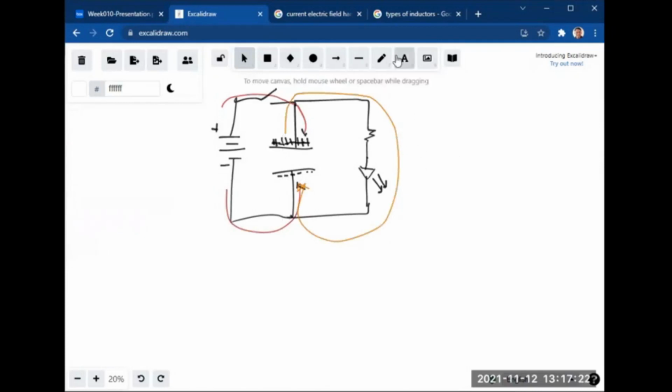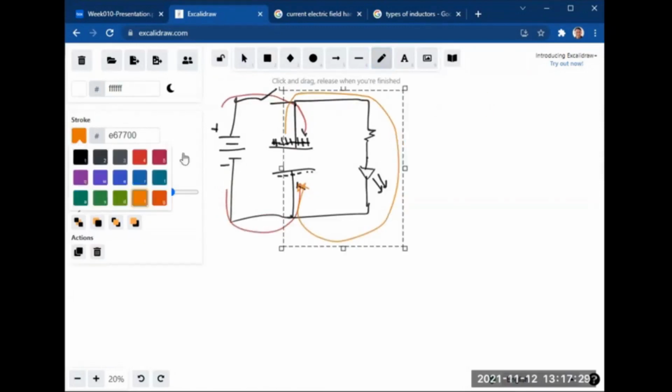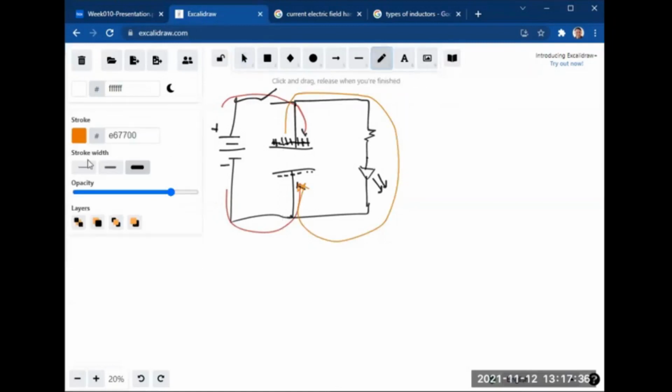On the other hand, if you have an inductor here and we have a DC source, for example, and the switch is on, the current will be flowing through our inductor.